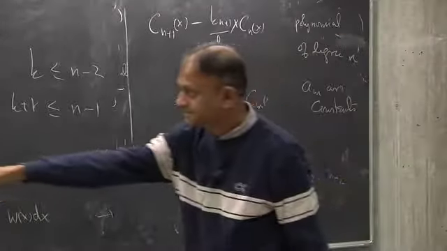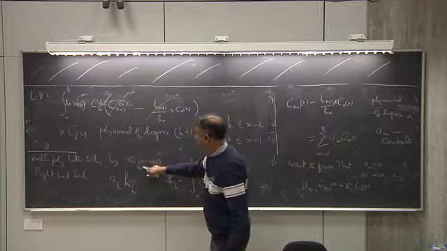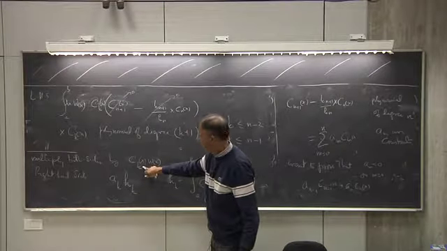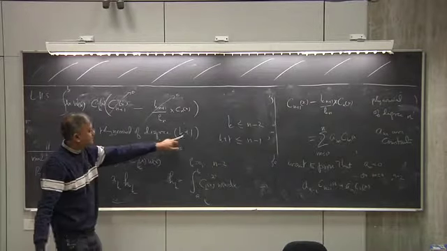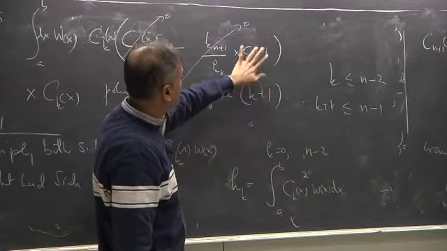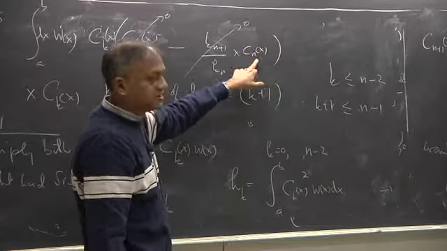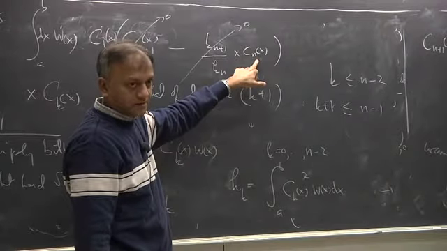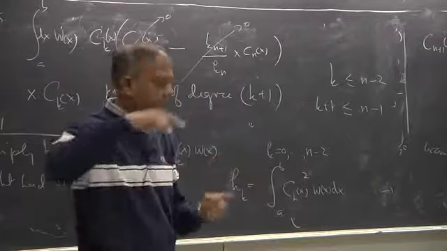If you take now the same formula but for k equal to n minus 1, this will become an nth degree polynomial. Then I should be able to get it, once you know the normalization of c_n, the c_n squared integral, which I was calling h_n.